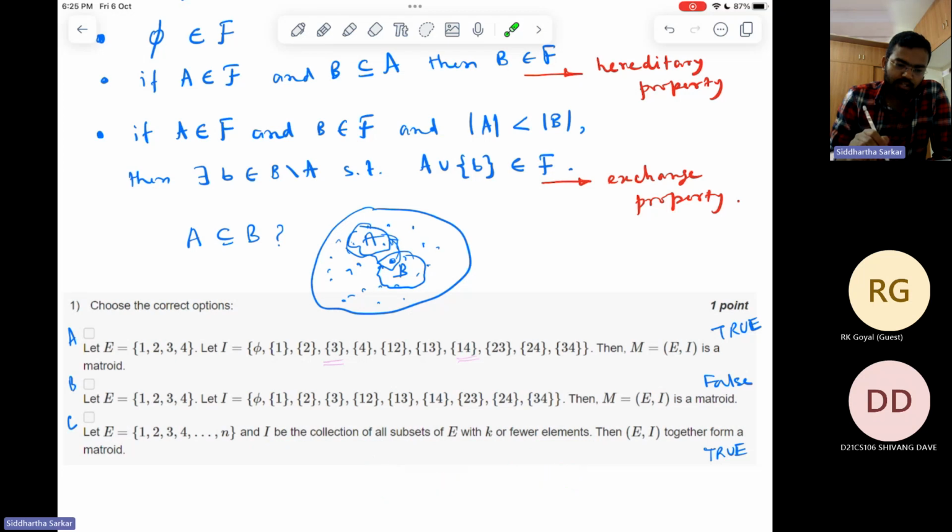So consider a set A which belongs to the family.